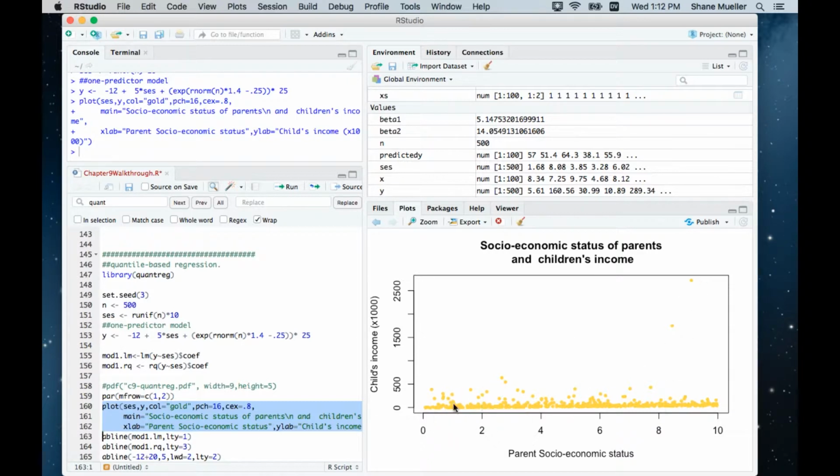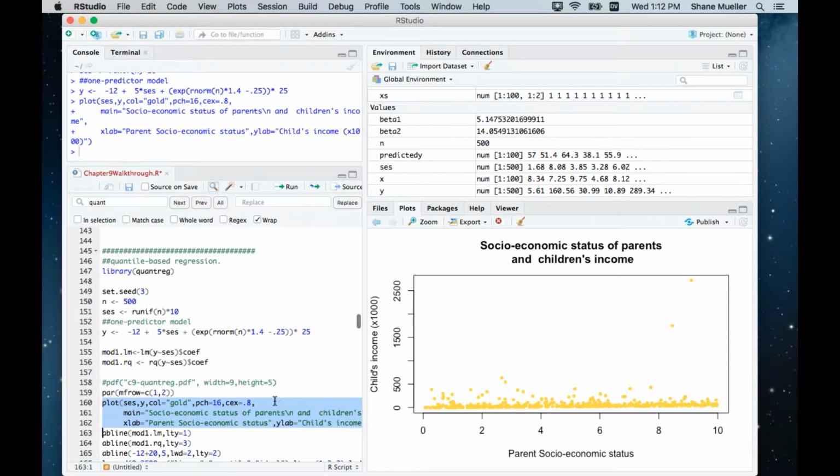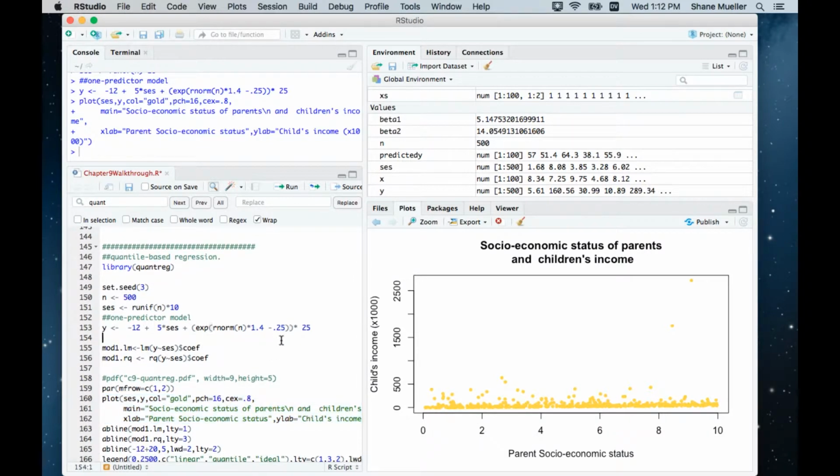And there's some people with high income whose parents had low socioeconomic status, and so we're a little worried that whatever we arrive at might be highly influenced by these points. We'd like to get a better look down here. And so if I plot this again of x and y, but restrict the range with ylim, and say, I don't know, 0 to 100,000.